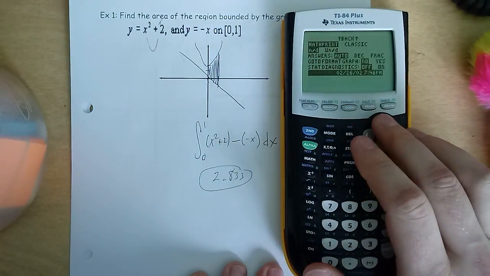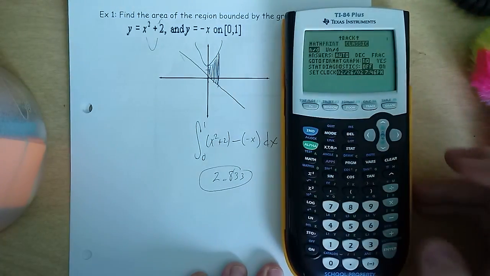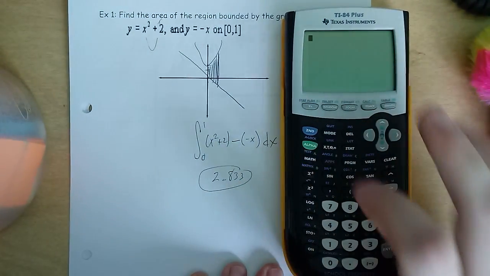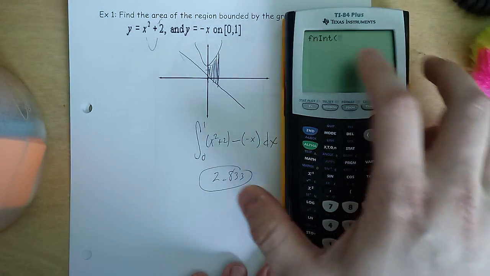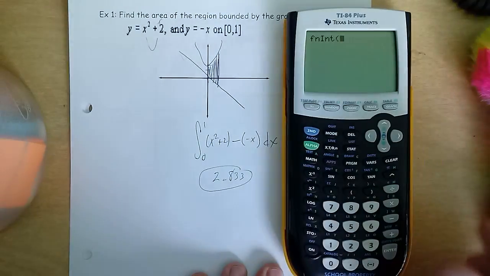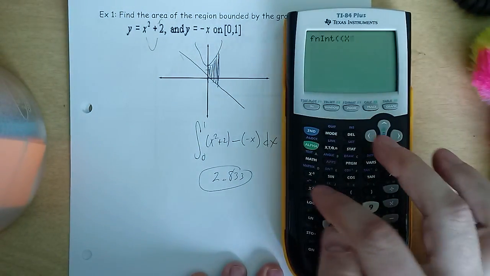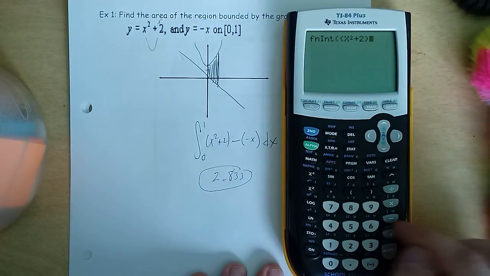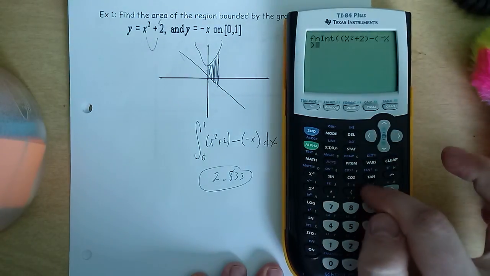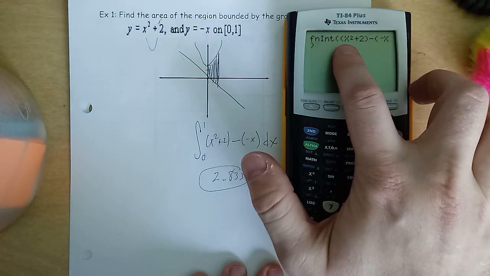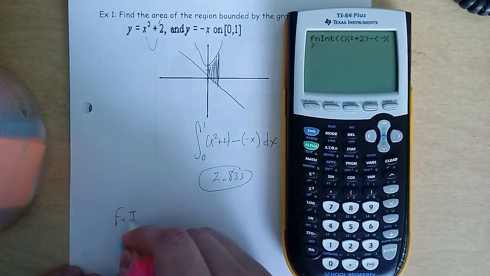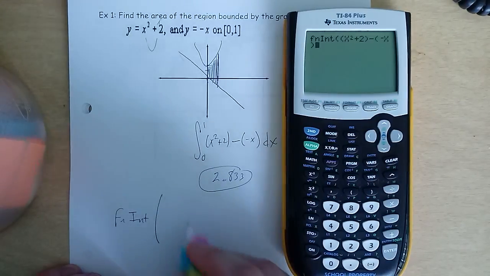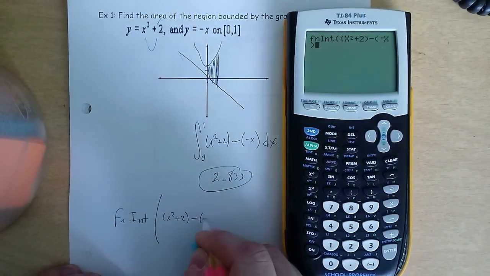If your calculator is in the classic mode or doesn't have this, I know some of your calculators don't, I still go down to the integral and type in my function. There's nothing different there. But notice there's an open parenthesis at the very beginning. Then we said x squared plus 2, close it off, minus negative x.